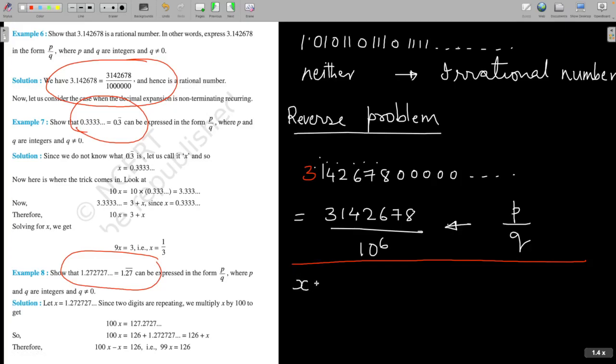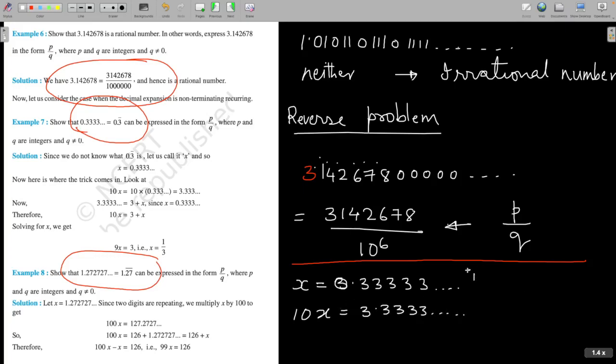So our problem is x is equal to 0.33333. And can I change it into a fraction? What I could do is multiply both sides by 10, and this becomes 10x is equal to 3.3333.